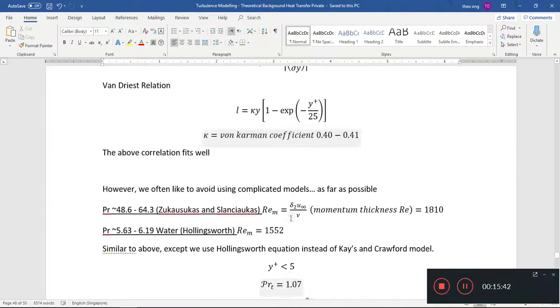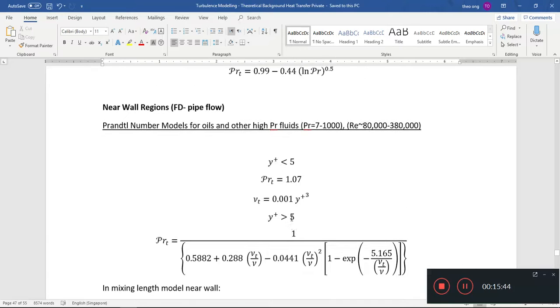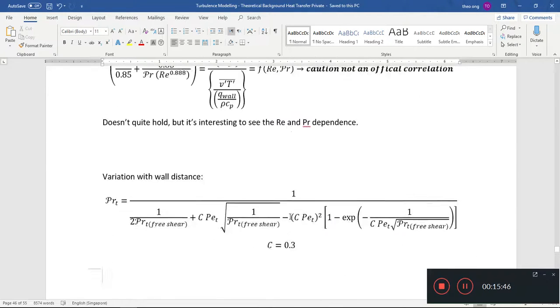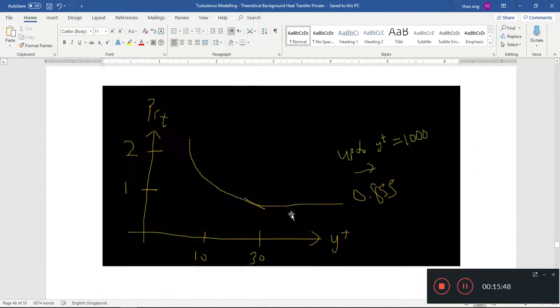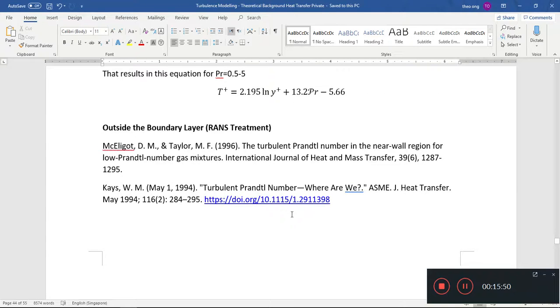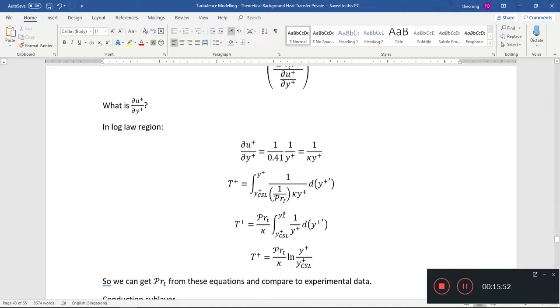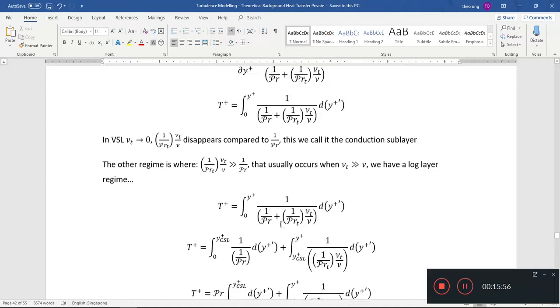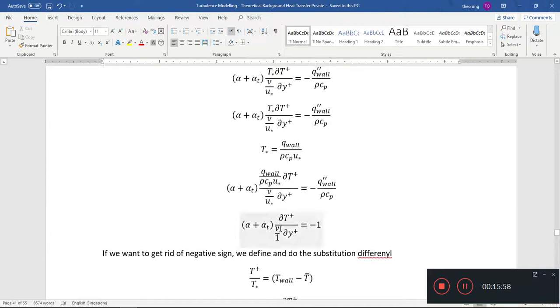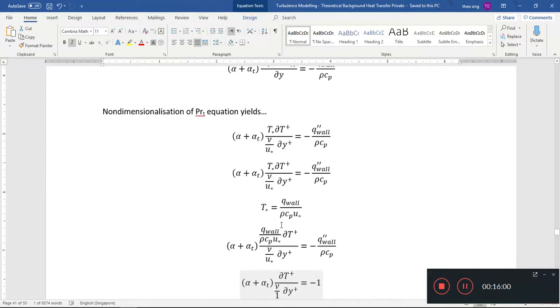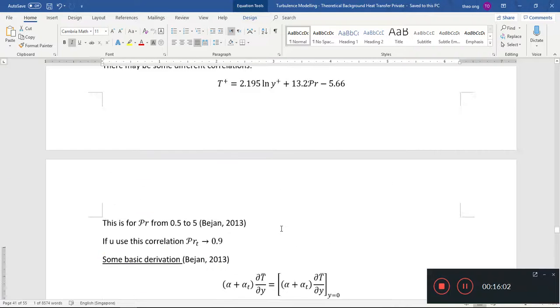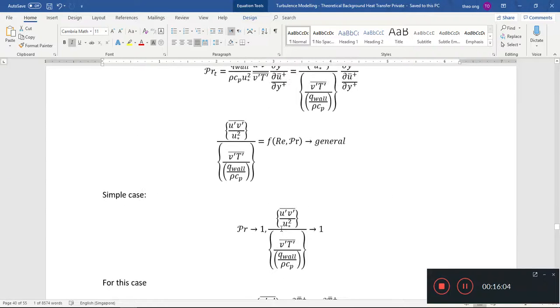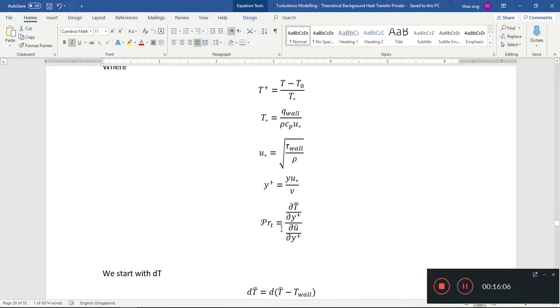So how do we come about that? Let's take a look at what the formula for T plus is. Let's look for T star. Here we go.